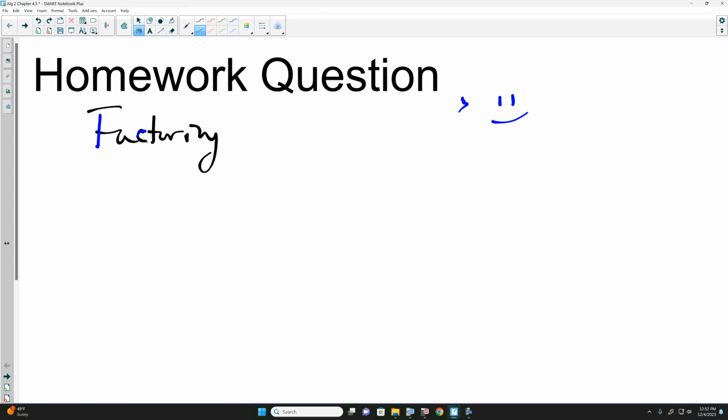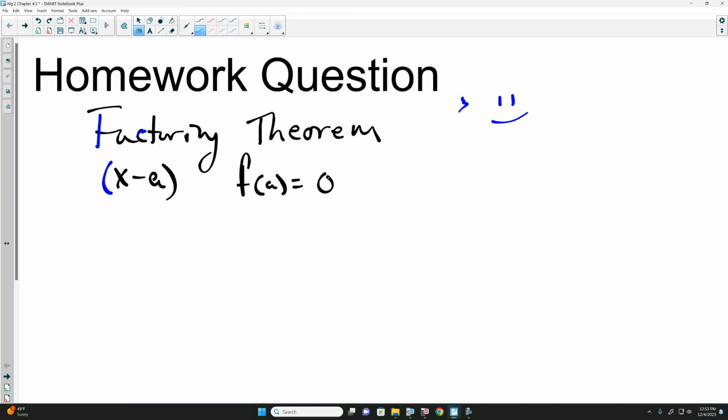Now, one of the big things that comes out of 4.4 is the factor theorem. And the factor theorem states that given a set factor, x minus a, if we solve it and plug it in or do synthetic division, and f of a equals 0, then x minus a is a factor.